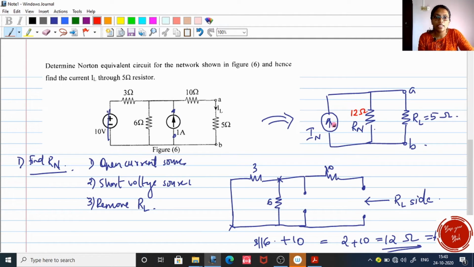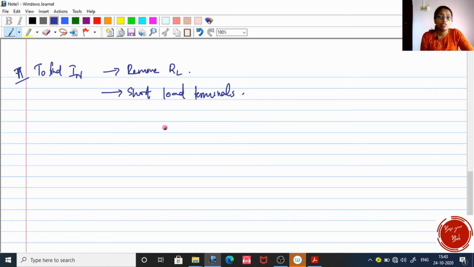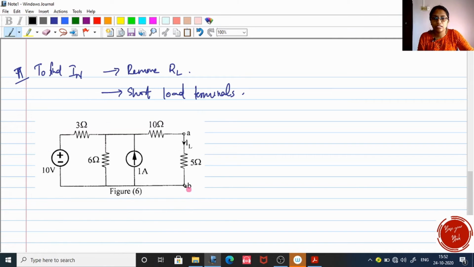Next we have to find In. To find In, the step is to remove RL and short the load terminals. After removing the load, you have to short the load terminals. Okay. So here is the circuit. So what are the steps?